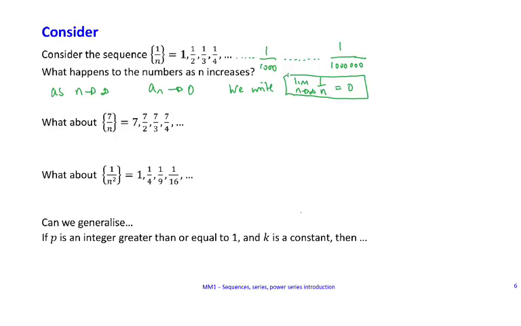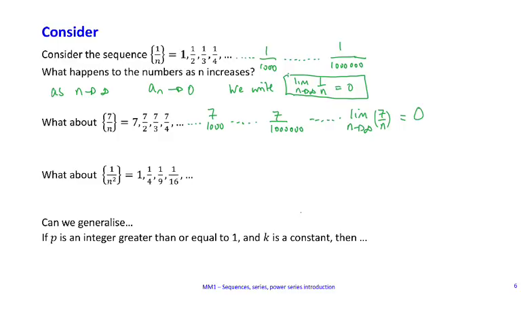What about 7 over n? If we put in a large number, say 1,000, we have 7 over 1,000, 7 over 1,000,000, keeps going. So the limit as n goes to infinity of 7 over n is equal to 0.